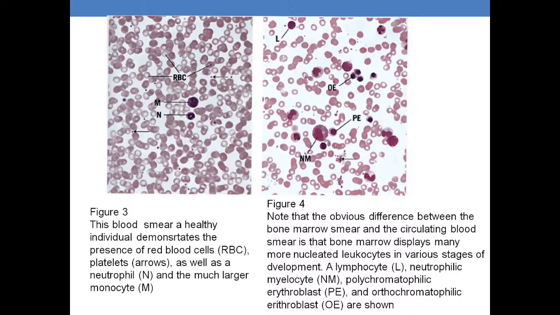Note that the obvious difference between the bone marrow smear and the circulating blood smear is that the bone marrow displays many more nucleated leukocytes in various stages of development. Lymphocytes, neutrophils, myelocyte, polychromatophilic erythroblast, orthochromatophilic erythroblast are shown.